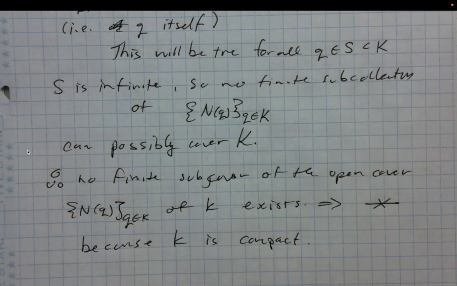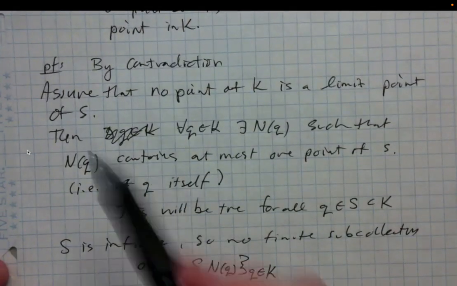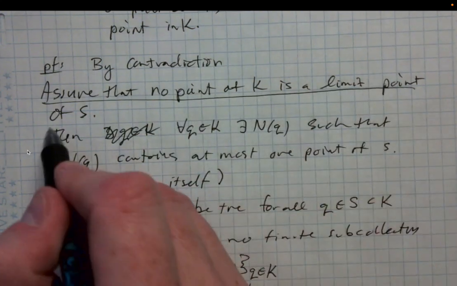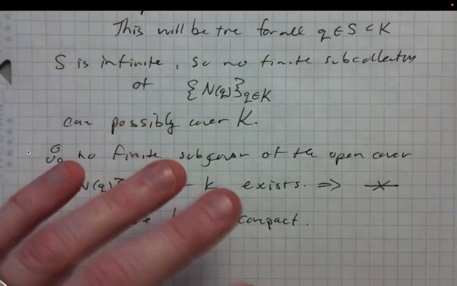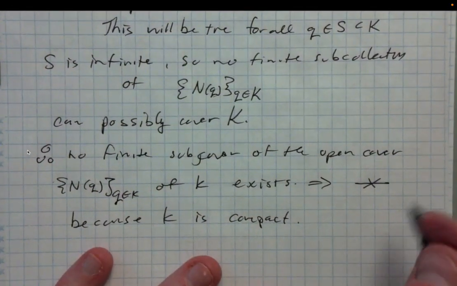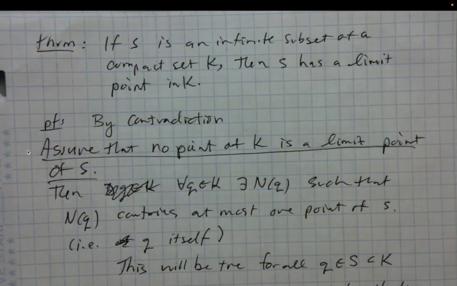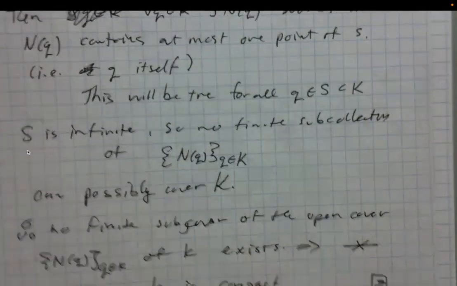And here's one that doesn't. So when we remove that difficulty, none of this follows. So it turns out that if S is an infinite subset of a compact set, then S has a limit point in K. Compactness can tell you something about limit points of subsets.